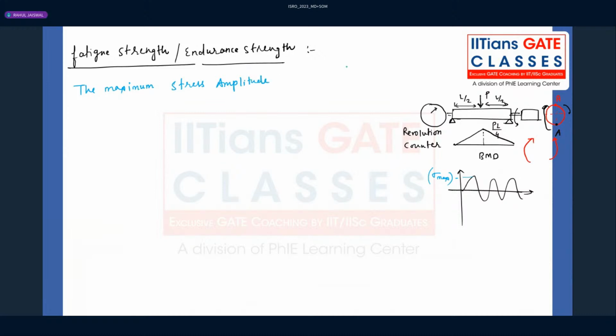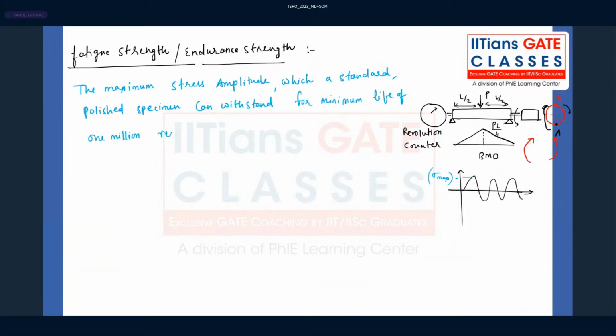The maximum value of the stress amplitude which a standard polished specimen can withstand for a minimum life of 1 million revolutions under completely reversed bending loads.